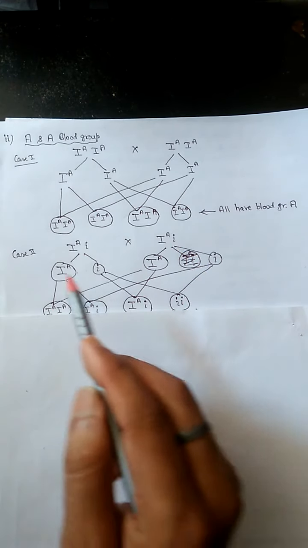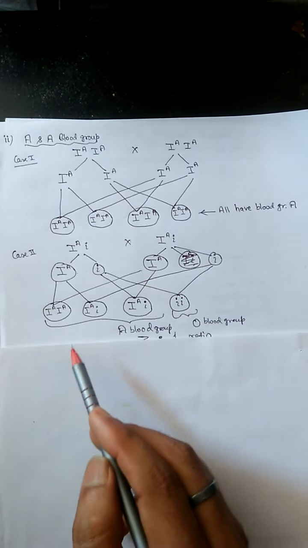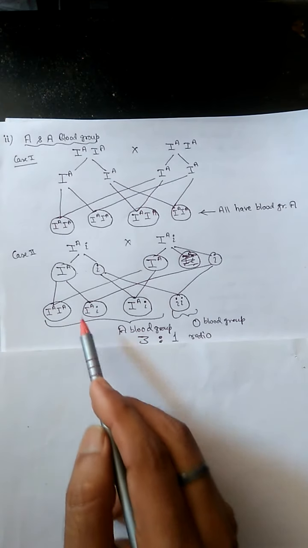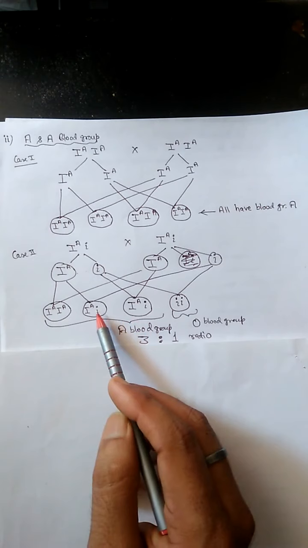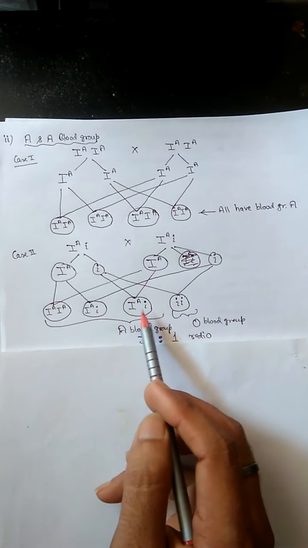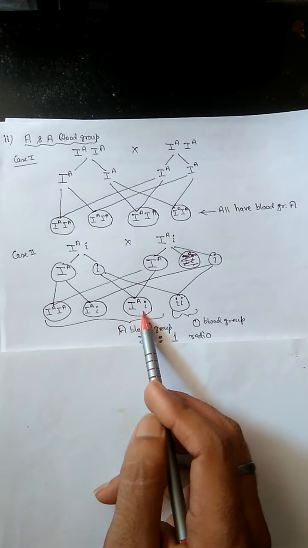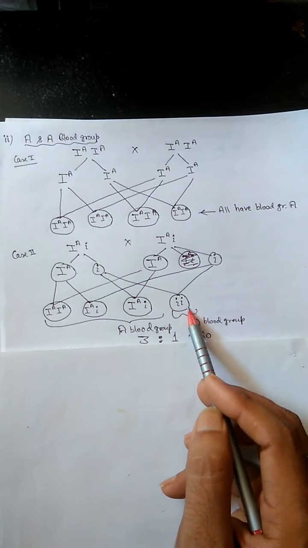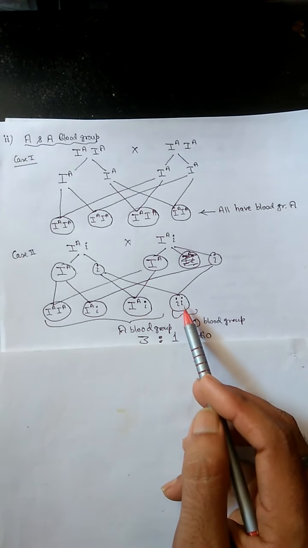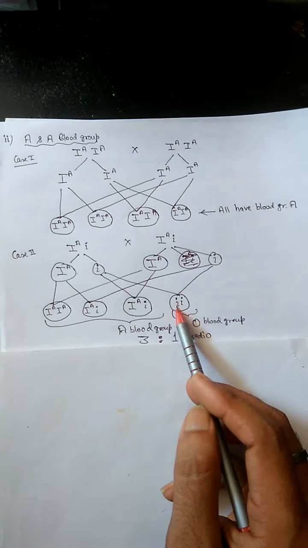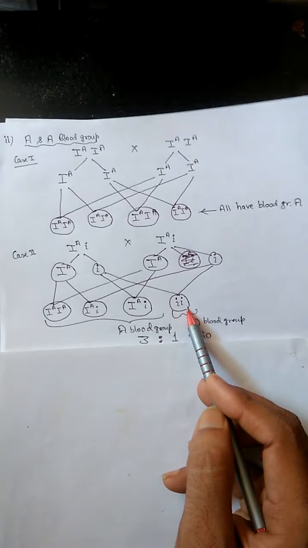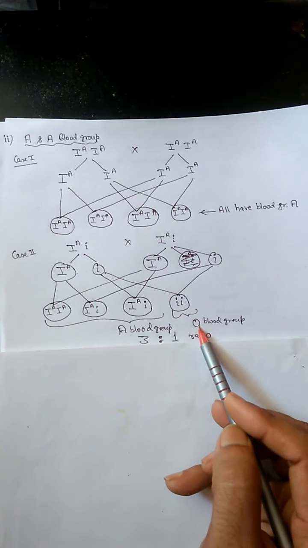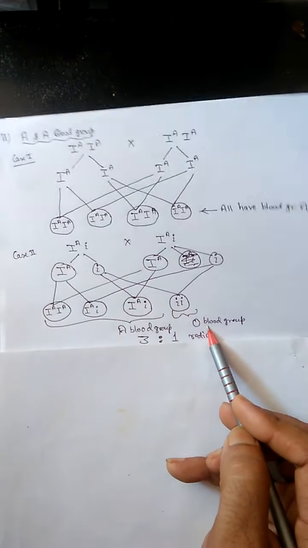In that case, 3 of them will show the A blood group, because in these cases i is recessive. But in this case, both the alleles are i, the i group. So this one is an O blood group.